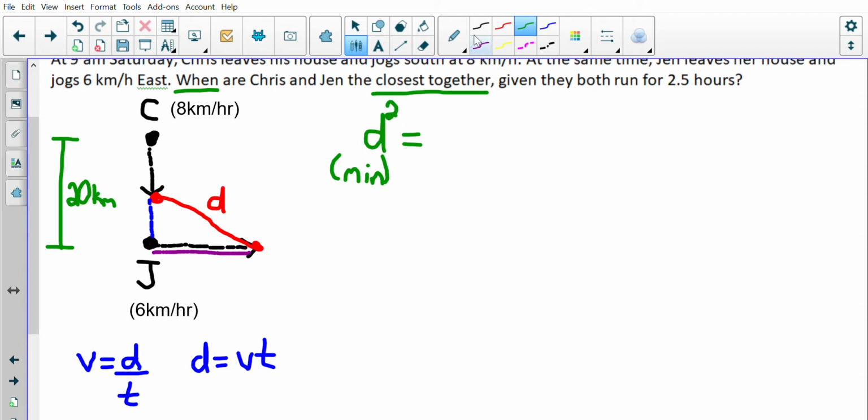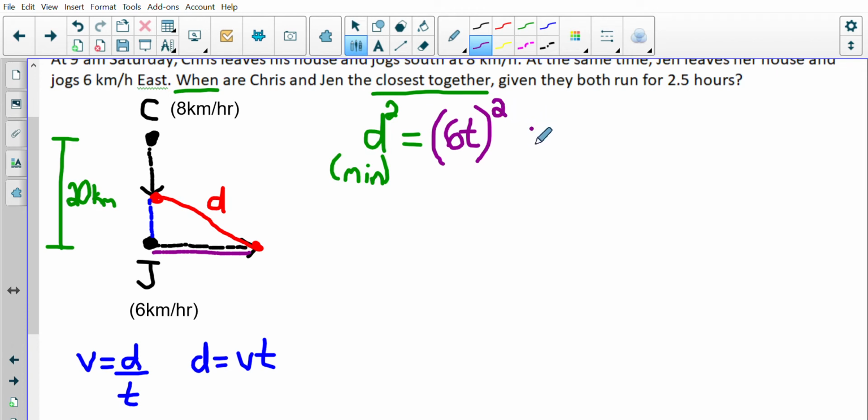Now this purple line, Jen is moving at 6 kilometers an hour. That's her velocity. And so her total distance would be 6, because that's her velocity, times her time. But since that is a side of a triangle, and I'm using the Pythagorean Theorem, I'm going to square it.